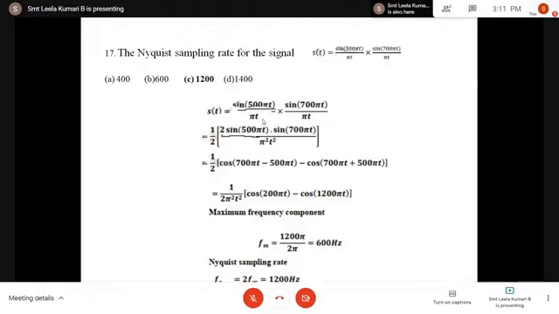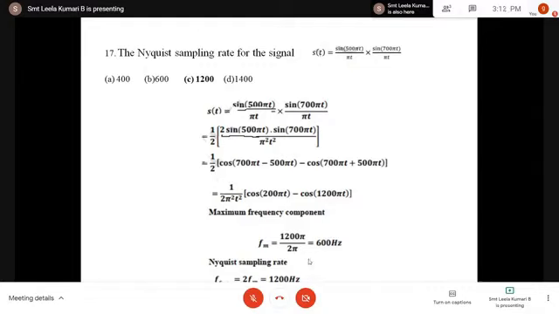So this can be written as product of two sinusoidal terms, which can be represented by 2 sin A sin B equals cos A minus B minus cos A plus B. From these two terms, the highest frequency component Fm is from the second term, which is 600 Hertz. Therefore, Nyquist sampling rate is twice that of the maximum frequency, that is 1200 Hertz.